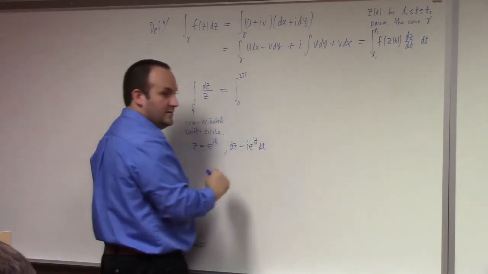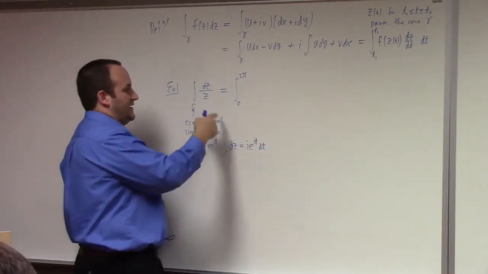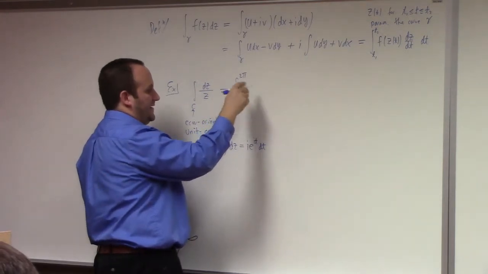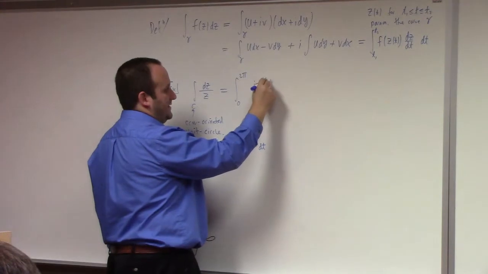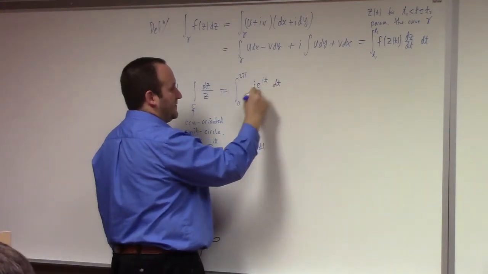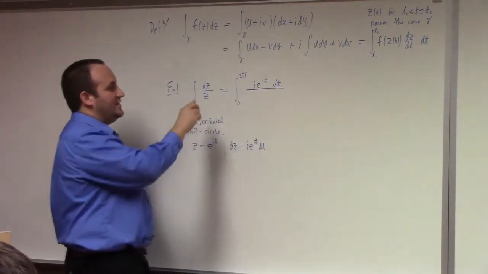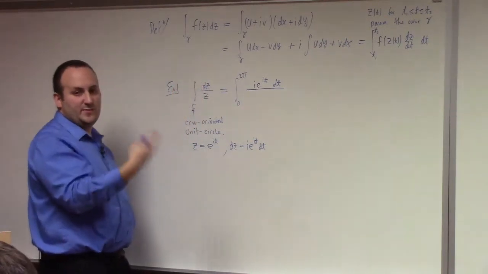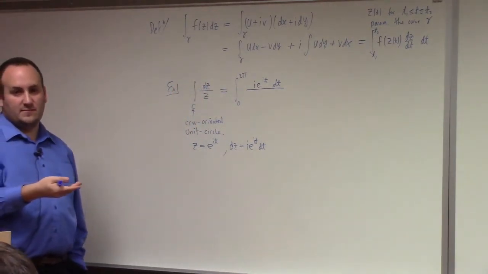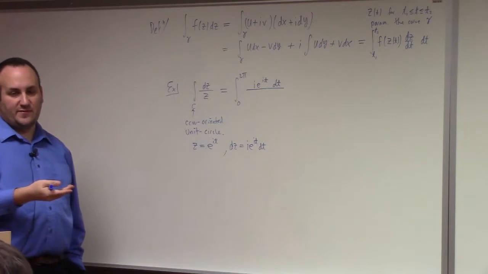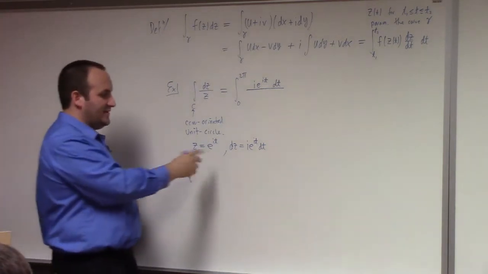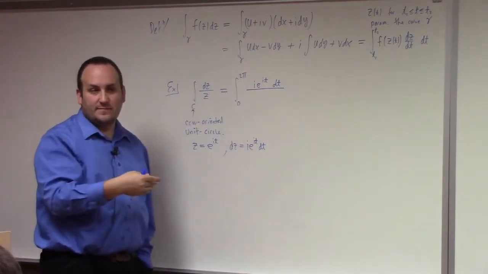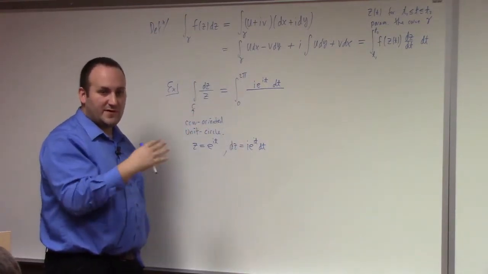So formally, it really amounts to that. So we have i e to the it. I did a slight bait and switch on you here, because I said you evaluate the parameterization, multiply by the derivative of the parameterization, and then integrate over dt. But now I'm just saying you formally calculate dz and plug it in. Those are the same thing.